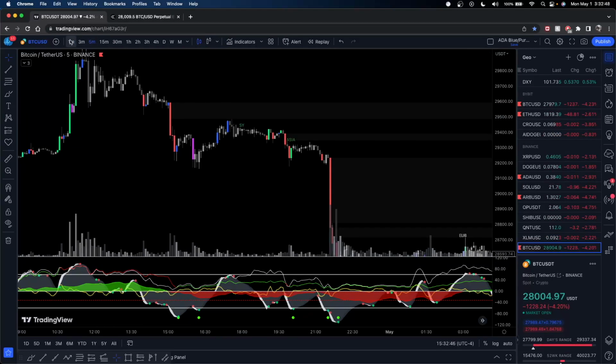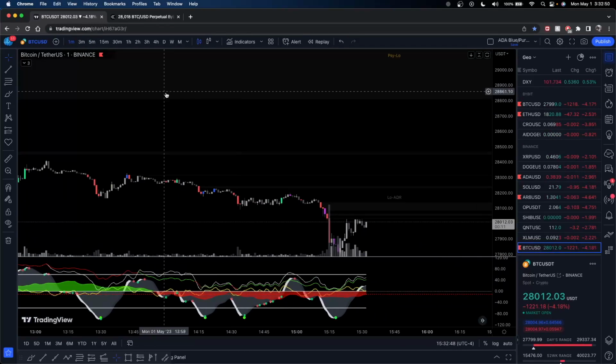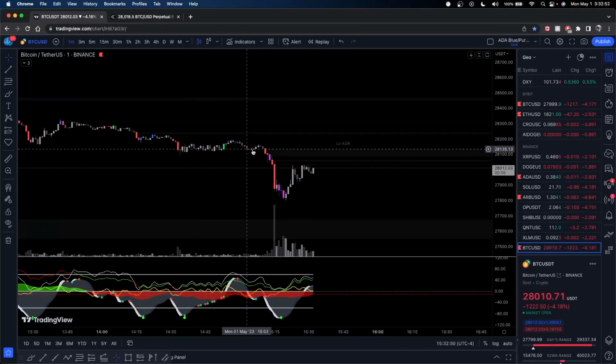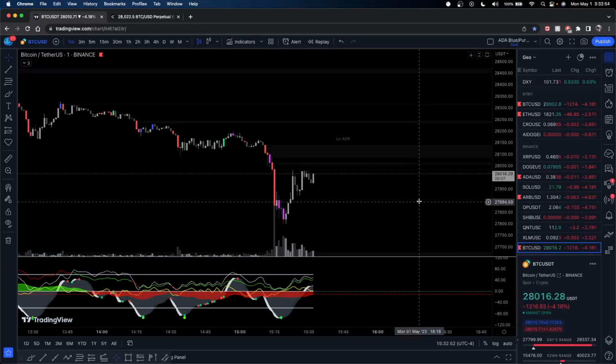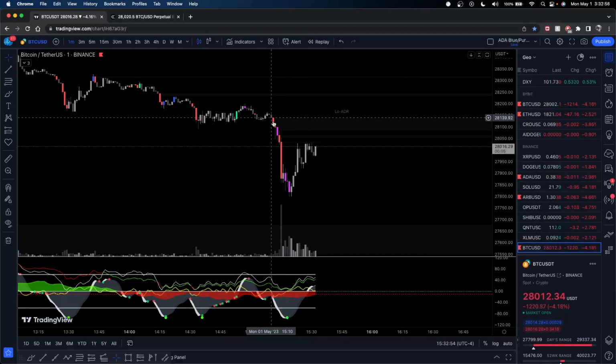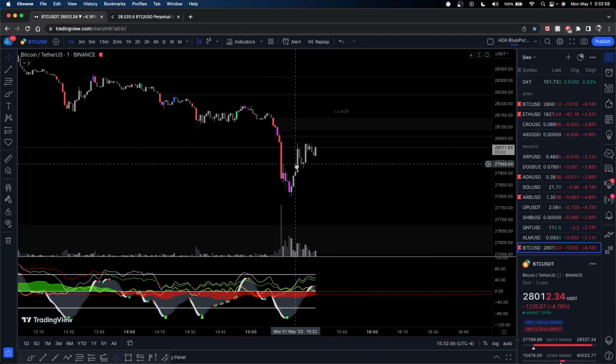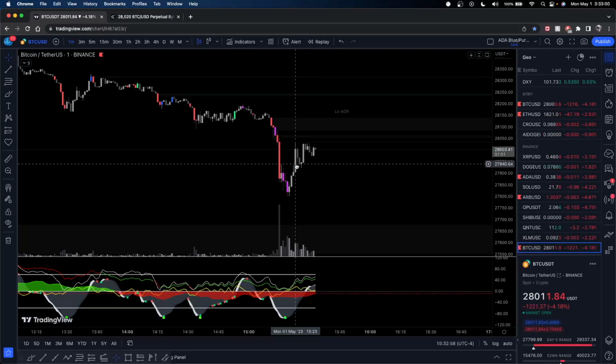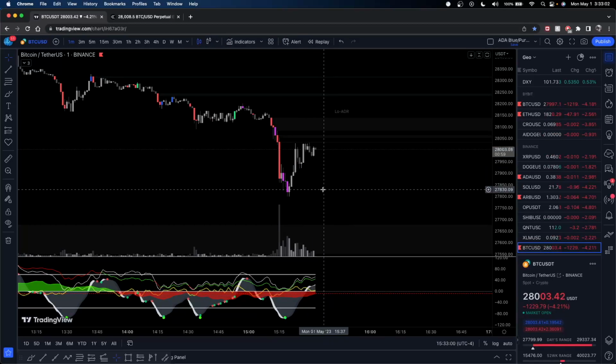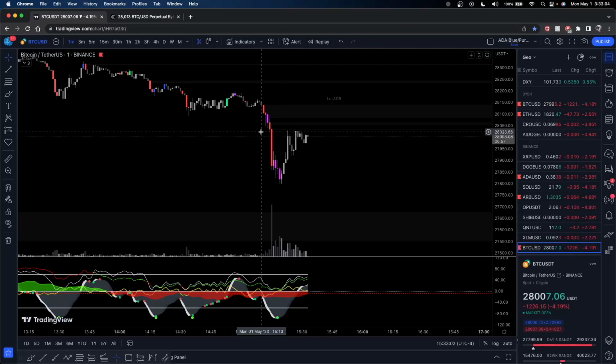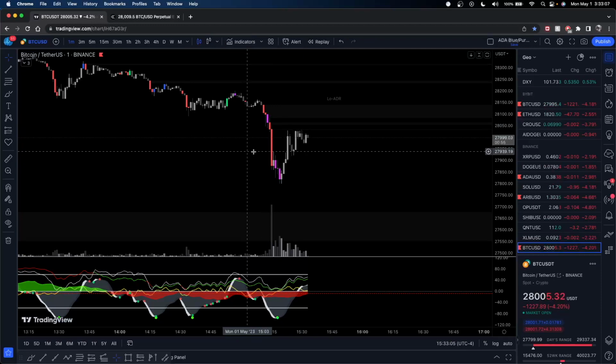Okay? If you come on the 1 minute, look at this here. This dump just happened at the beginning of our stream, right? So this is how I know. Well, okay, I don't know. No one ever knows what's going to happen, but this is how I take my probabilities in taking my positions.